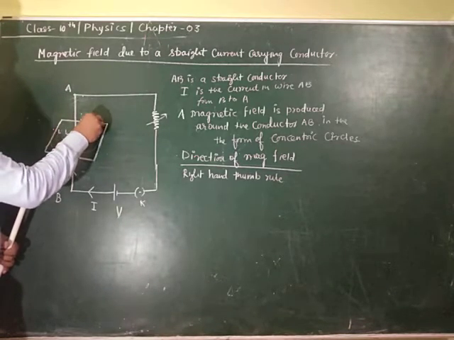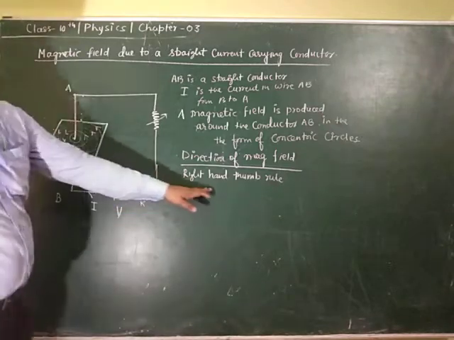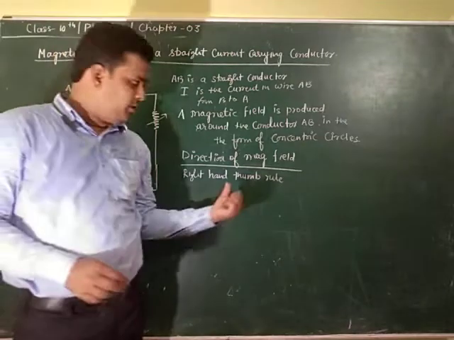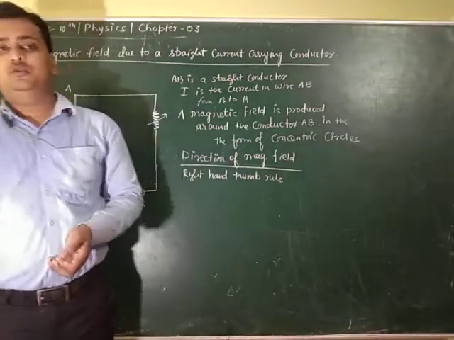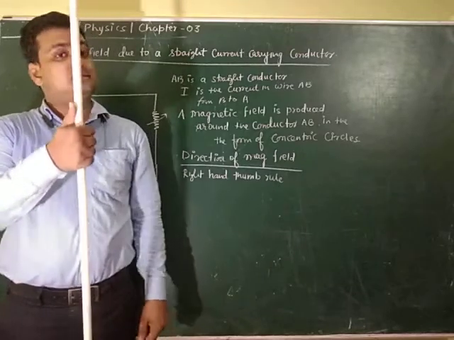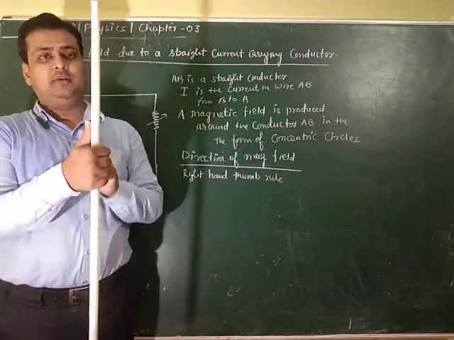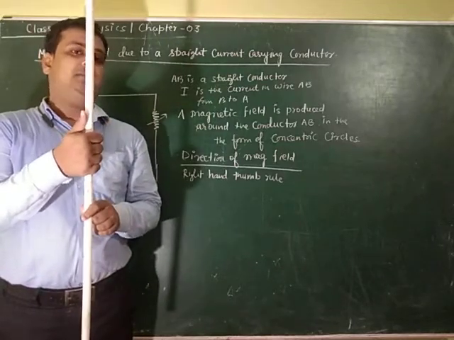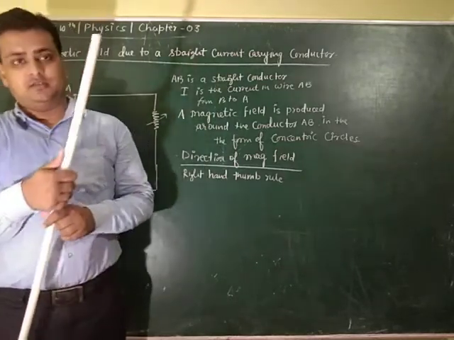This is according to the right hand thumb rule. And what is the right hand thumb rule? According to this rule, imagine you are holding a current carrying conductor in your right hand in such a way that your thumb is indicating the direction of current, then the fingers will represent the magnetic field around the conductor.